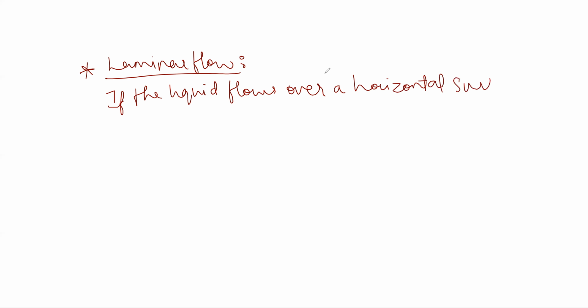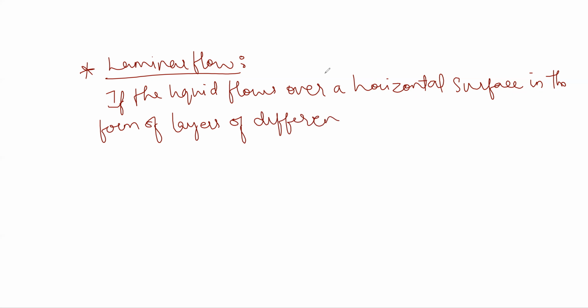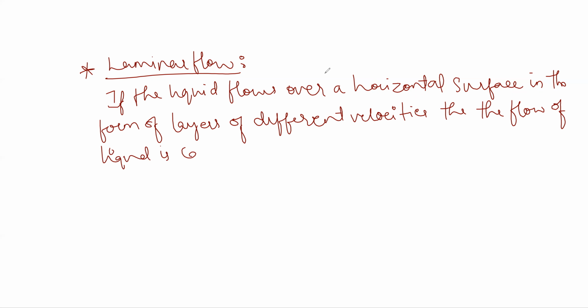If the liquid flows over a horizontal surface in the form of layers of different velocity, then the flow of liquid is called laminar flow.